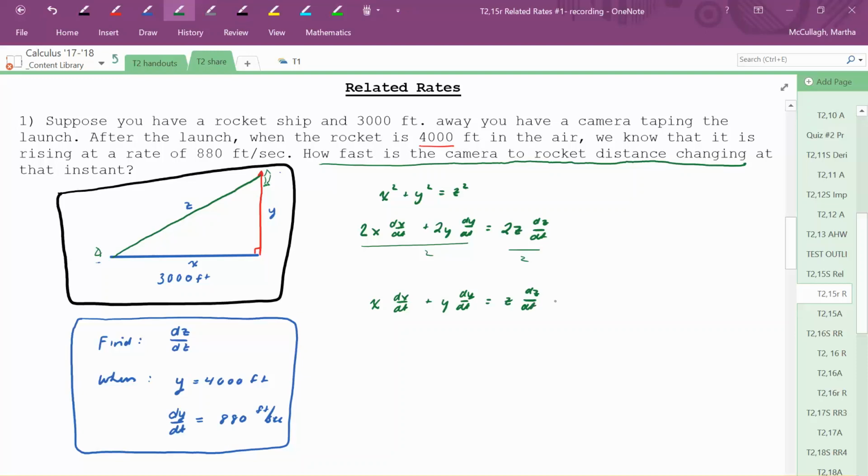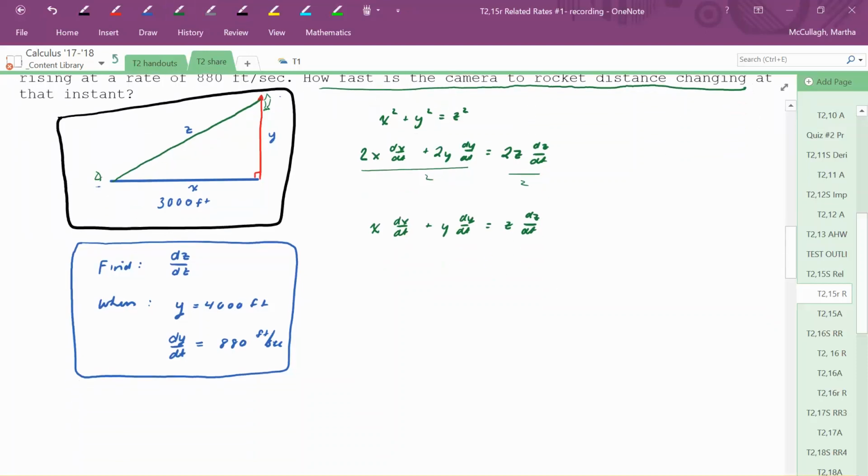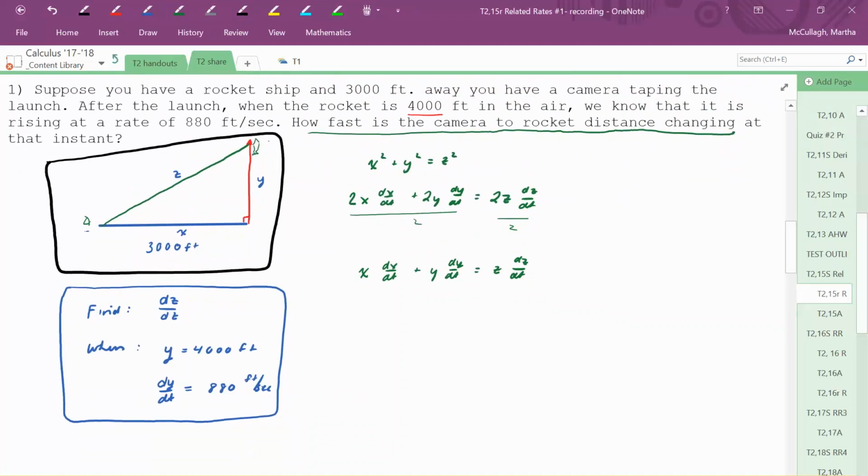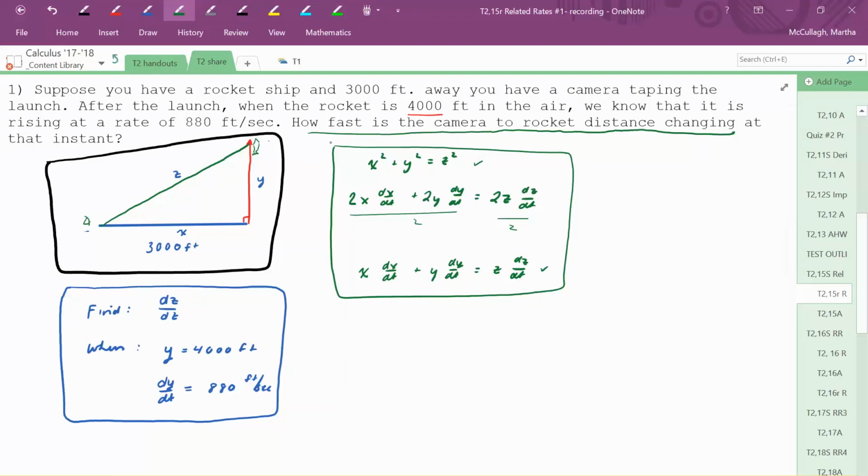It's not required that you divide by that 2, but it just makes your equation a little bit simpler, so we may as well do that. So I've got an equation that is always true, and I've taken the derivative and simplified it. I'm going to refer to that as my always equation and its derivative.